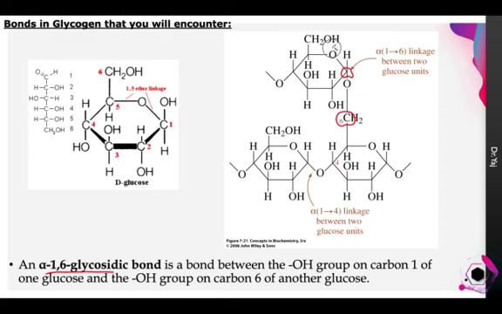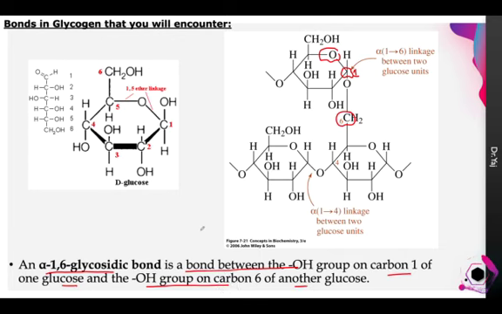So this is the ether linkage, this is position 1 of the first carbon, and there is a glycosidic linkage happening between the first and the sixth carbon. Therefore we call it an alpha 1,6 glycosidic bond. In other words, an alpha 1,6 glycosidic bond is a bond between the hydroxyl group on carbon 1 of one glucose and the hydroxyl group of carbon 6 of another glucose.